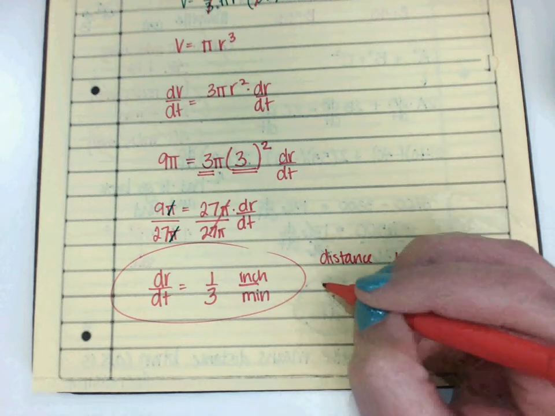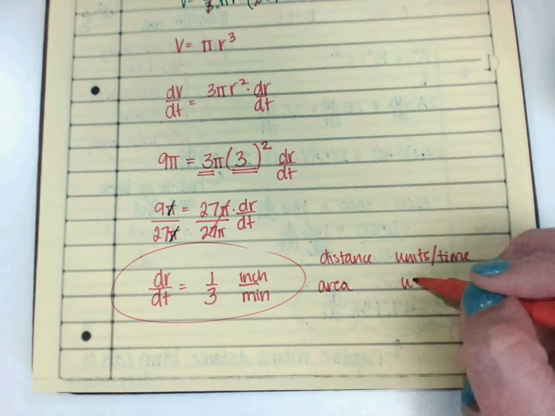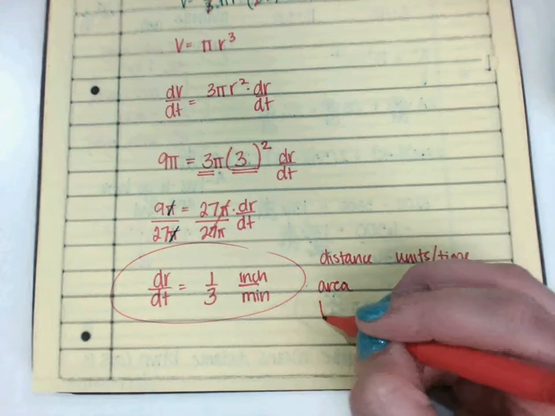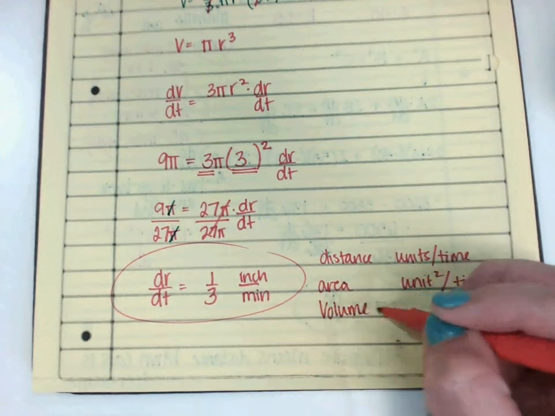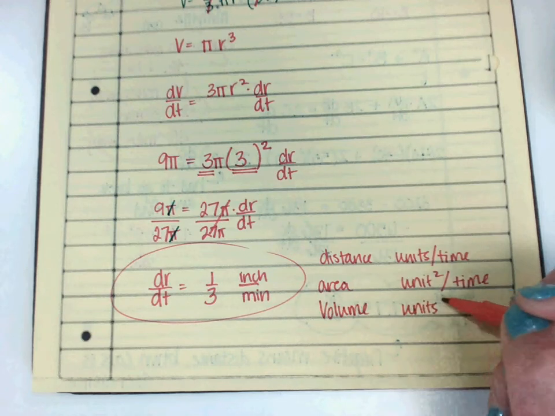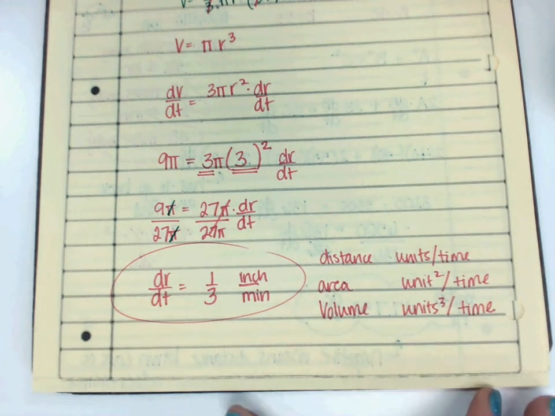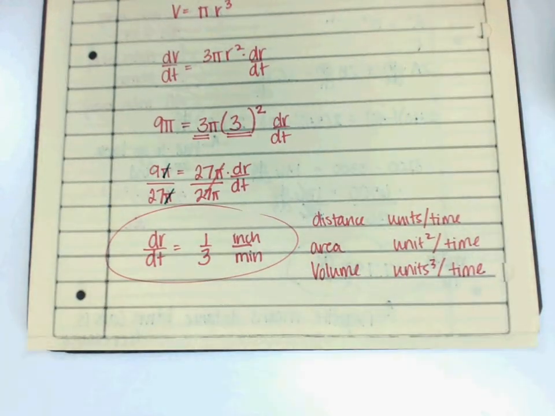If it's an area, you're going to have units squared per time. And then if it's a volume, you're going to have units cubed per time. And then remember, the only exception to that would be milliliters. Everything else you'd be good on.